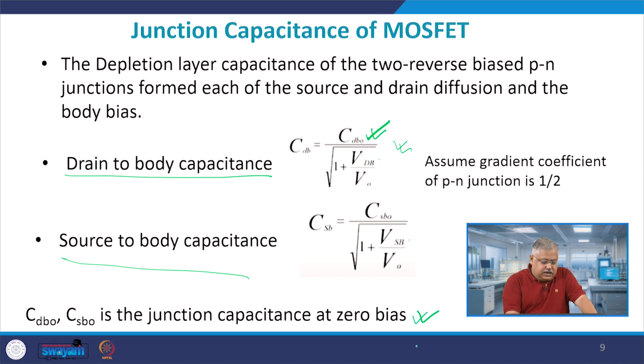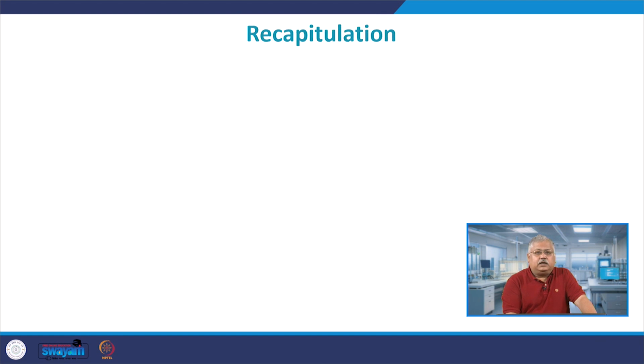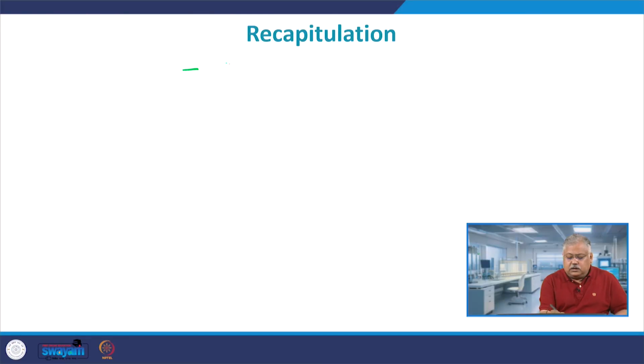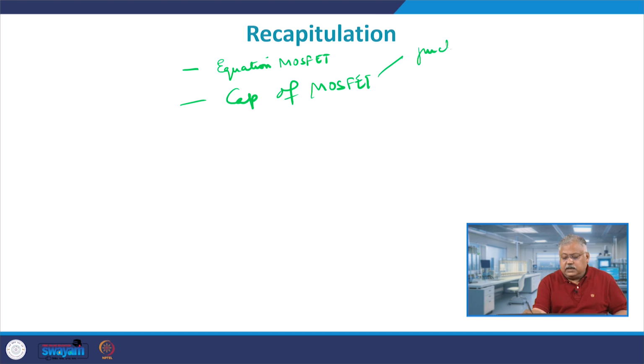With this we come to the end of this lecture, and let me recapitulate what we did. First of all, we recapitulated our equations of MOSFET. We looked into the various capacitances of MOSFET, and we saw that there are two types of capacitance. One is the junction capacitance, and another is the non-junction capacitance, which is basically the capacitance forming between gate to source and gate to drain.